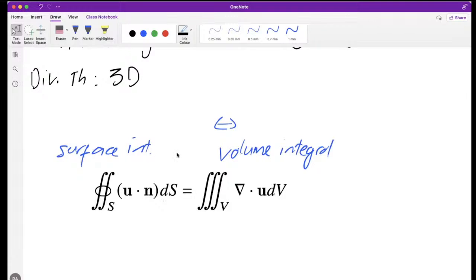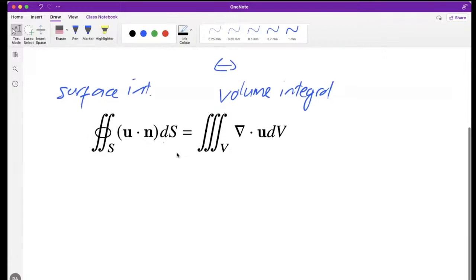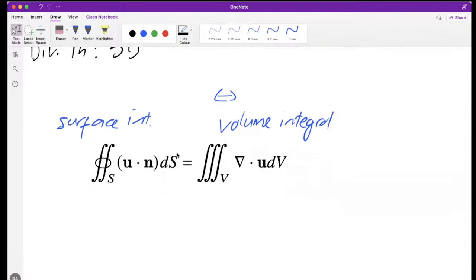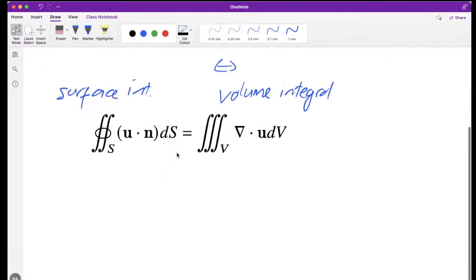And with this kind of concept, you can see where in the book or in the videos, I list out or arrange the applications with this divergence theorem.